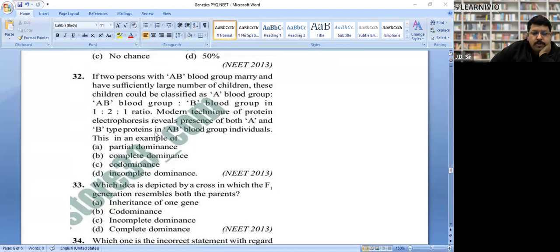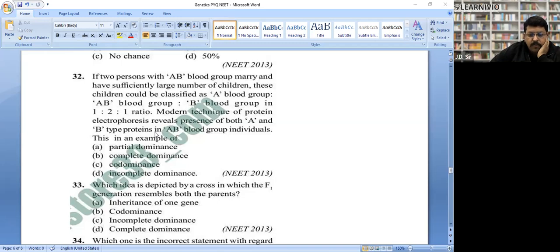If two persons with AB blood group marry and have a sufficiently large number of children, these children could be classified into blood group A, AB, and B in a 1:2:1 ratio. Modern techniques of protein electrophoresis reveal the presence of both A and B phenotype proteins in the AB group individual.